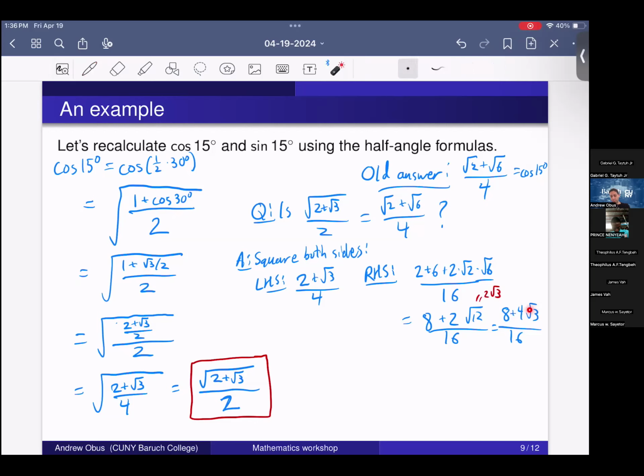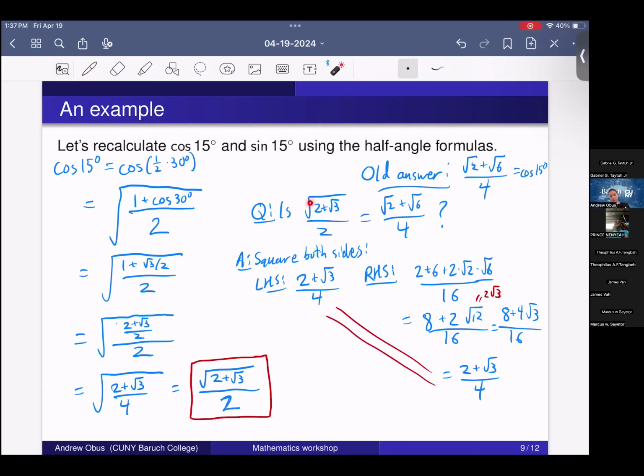So we have 8 plus 4 root 3 over 16. And if we cancel out a factor of 4, we end up getting 2 plus square root of 3 divided by 4. And so it turns out that these two things are equal.